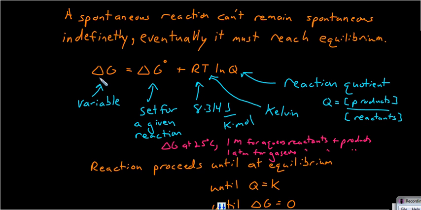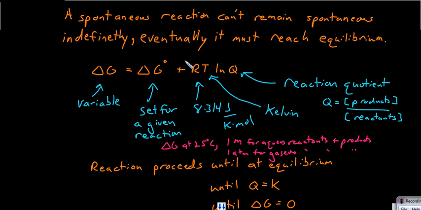This condition of the free energy change of our compounds is dependent upon the original value for delta G, but it also depends upon the temperature and also the reaction quotient.